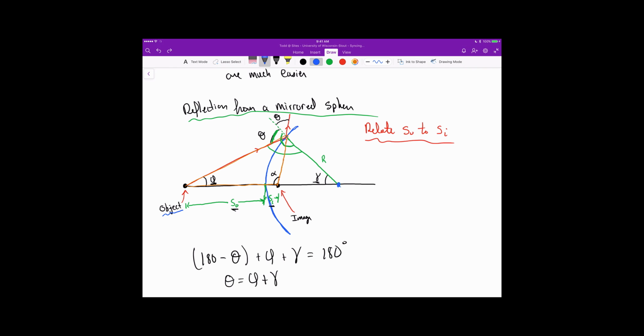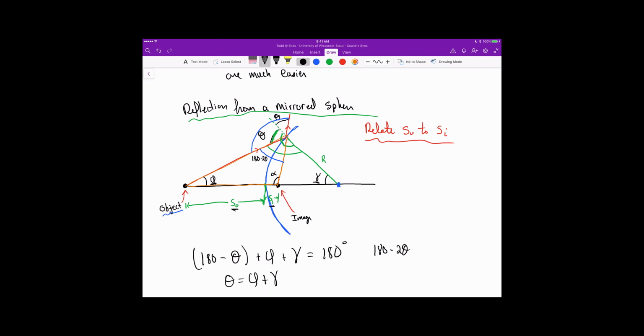What I really want is this angle in here. So to get this angle in here, I'm going to take 180 minus 2 theta. So 180 minus 2 theta gives me this angle in here.